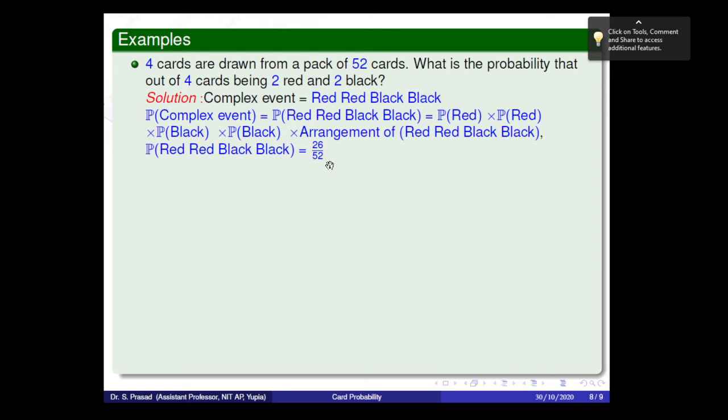Into the next red card, where one card is filled, then one remaining card is what?